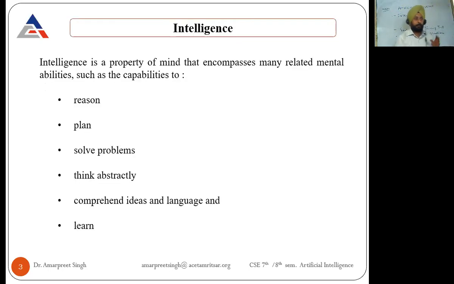Before going to artificial intelligence, it is made of two terms. One is artificial and second is intelligence. So what is intelligence basically? What is the definition of intelligence?